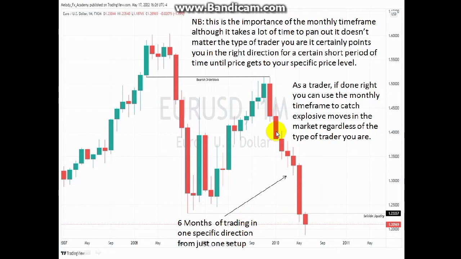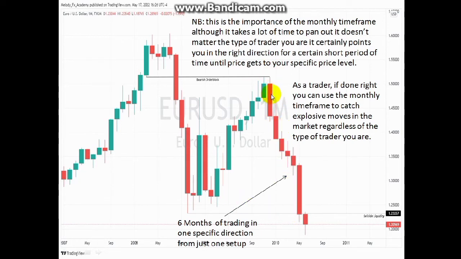Okay, so now I want to take a look at this. This is 1, 2, 3, 4, 5, 6. This is 6 months of trading in one specific direction from just one setup. Notice it only took a single setup to point you in this direction, and this is more than 2000 pips, guys.